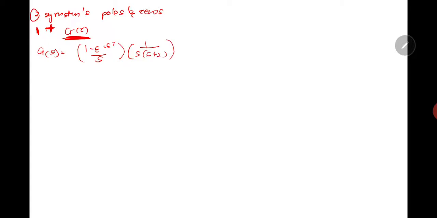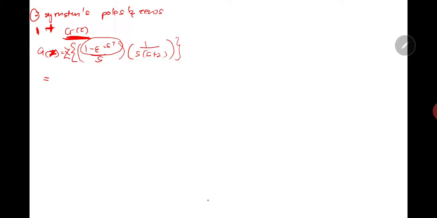To get G of z, if we change this s to z, it is equivalent to the z transform of this part. As I have mentioned so many times before, if you have this term, you take it out first and then change e to the power of sT to z.